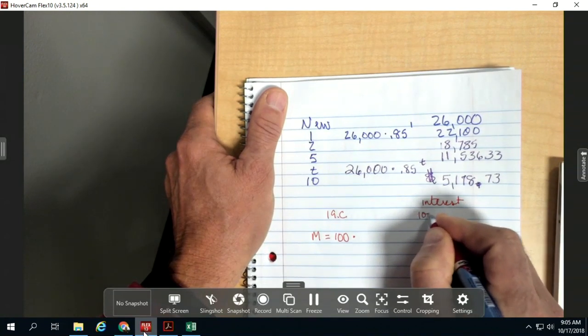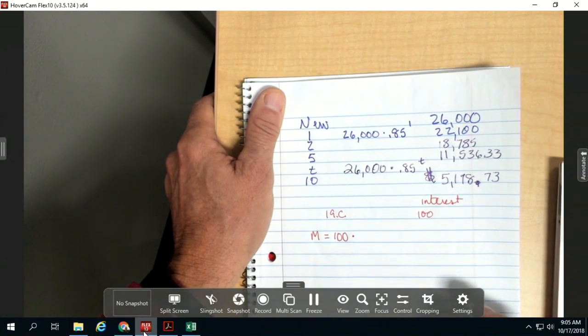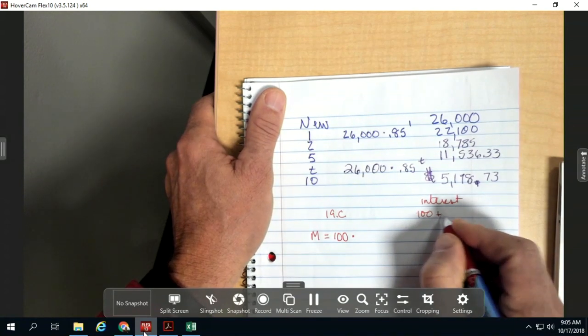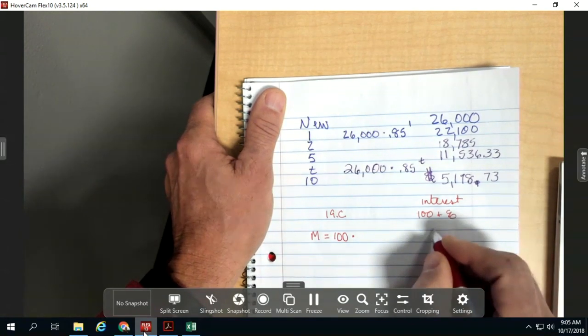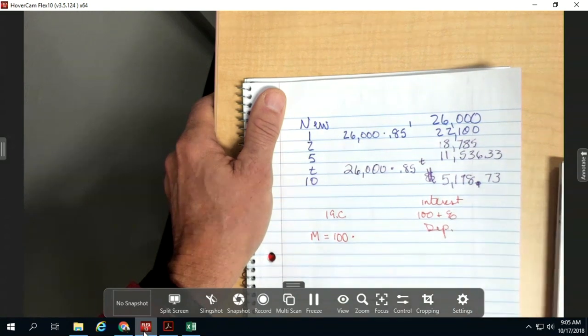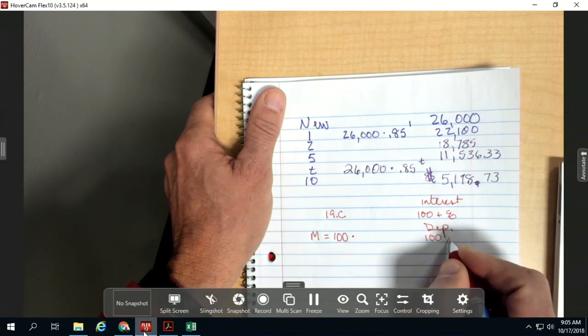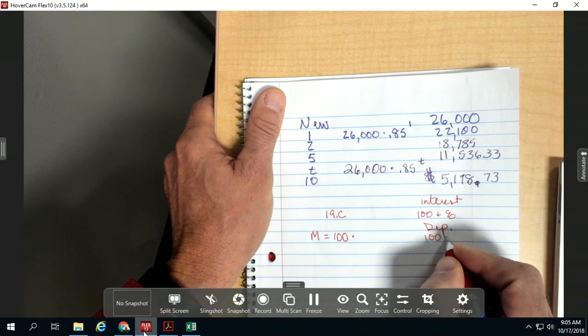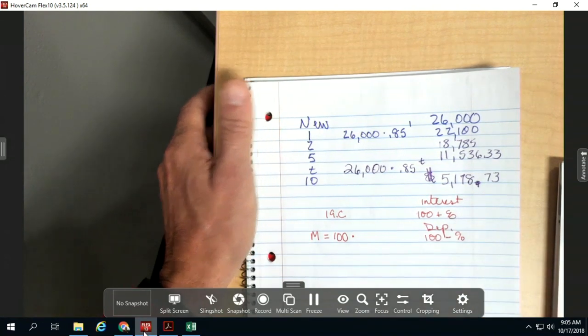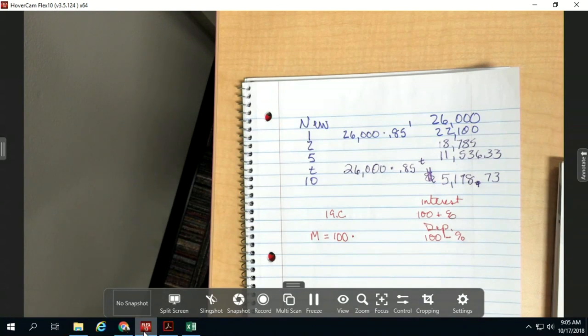With interest, we started at 100 and added the percent. With depreciation, we started at 100 and subtracted the percent. Like yesterday when we were talking about a car is worth 85%, that's because each year it decreases 15%.